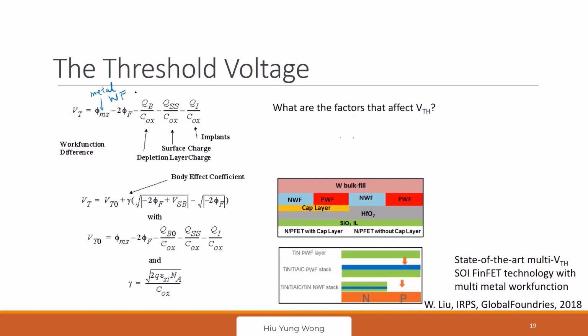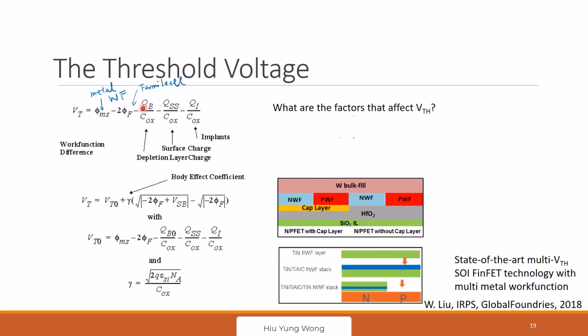Phi F. This is related to the distance between the mid gap and the Fermi level, right? So this is related to the Fermi level in the substrate, which is related to the doping. And besides this, it is also related to the depletion layer charge.